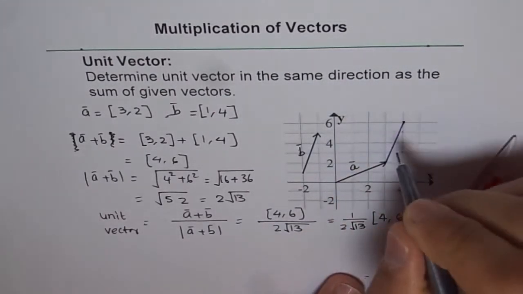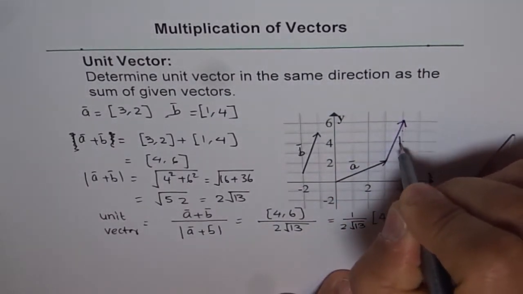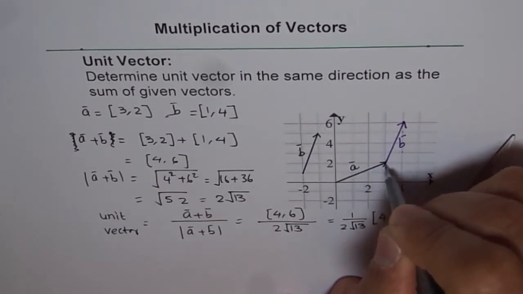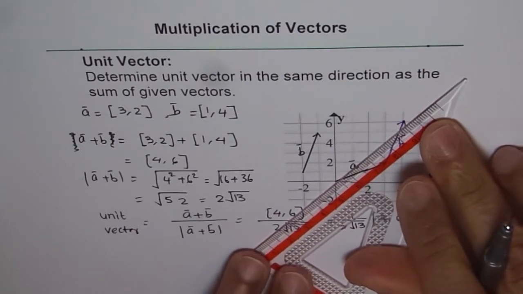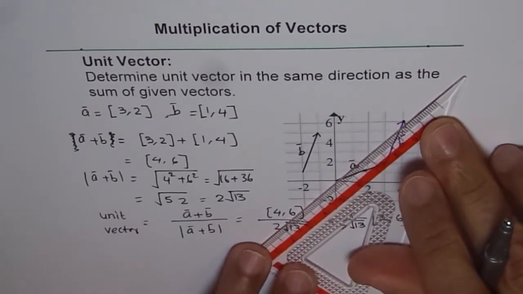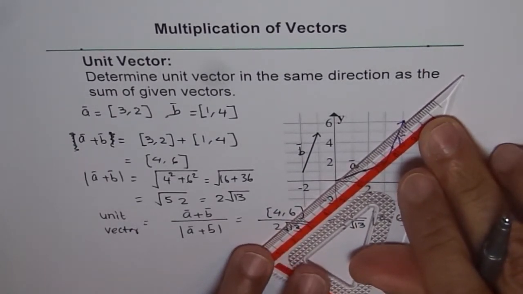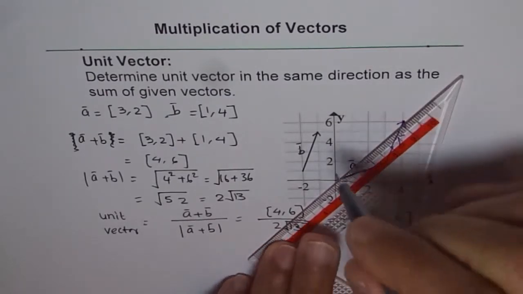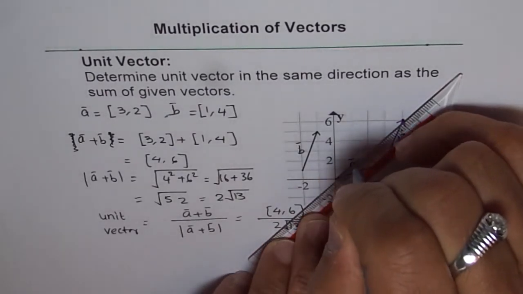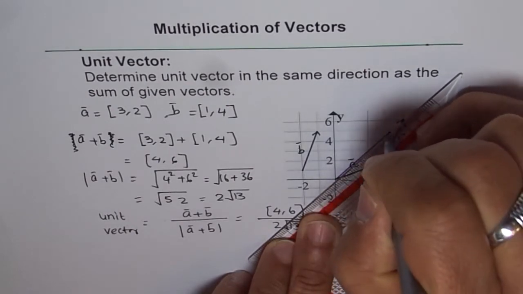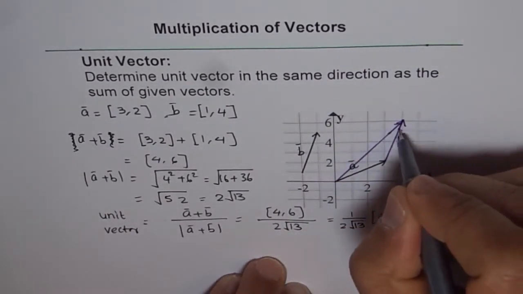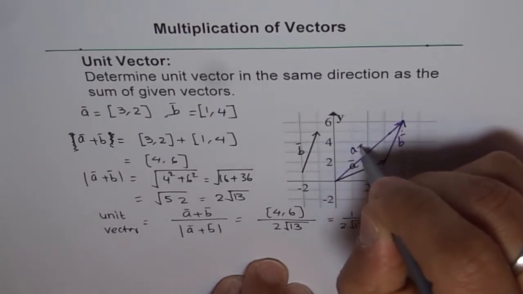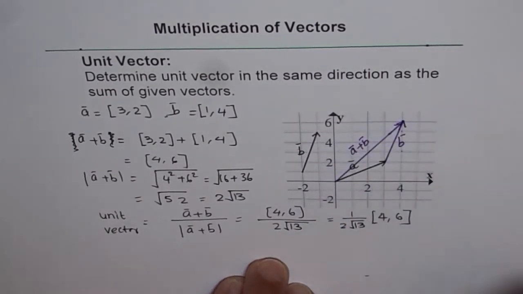That is how I have placed B on A. Now the sum is, if I complete my triangle starting with the initial point of A and terminating at the head of B, then this third side gives me A plus B.